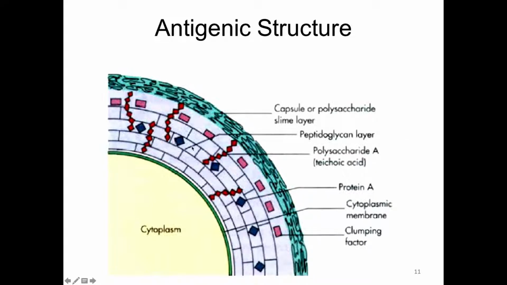You can see that here we have the peptidoglycan layer. Here we see the polysaccharide A or teichoic acid, and this is protein A. Deeper in the cell we see cytoplasm. We also see in the cell wall the clumping factor.